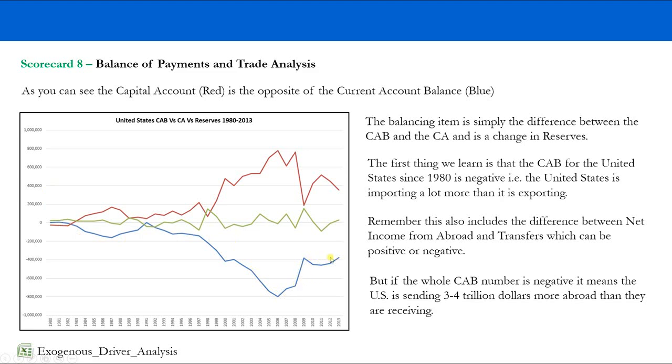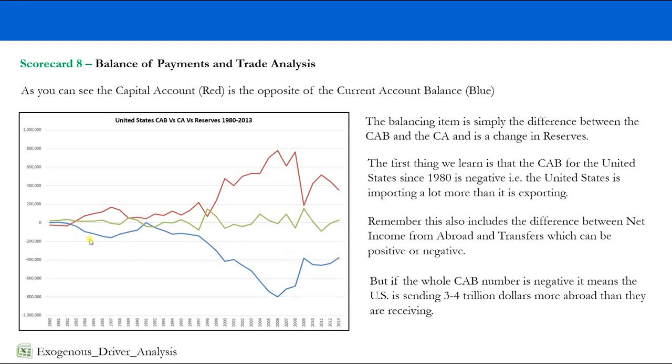It's got better, but it's still overall negative. So we're looking at a minus $3 to $4 trillion value that's negative. So negative $3 to $4 trillion is going out relative to what's coming in. So going out to pay for exports versus what's coming in to pay for US imports going abroad.